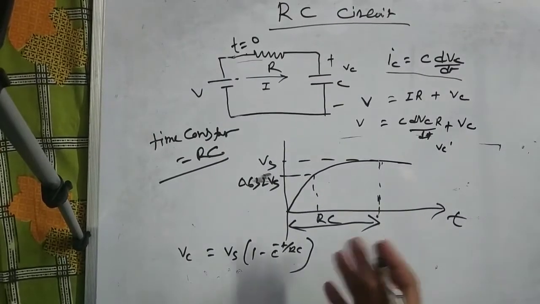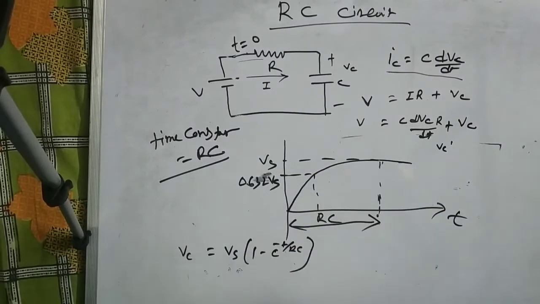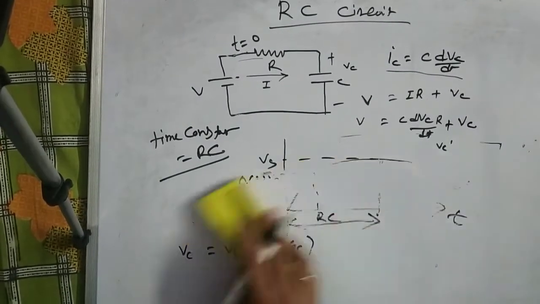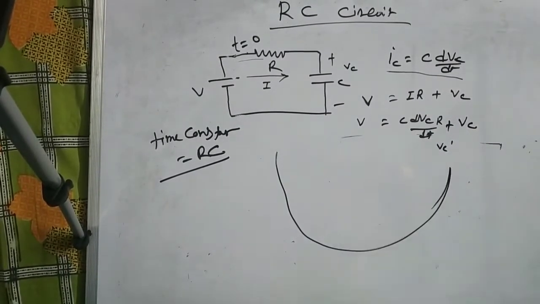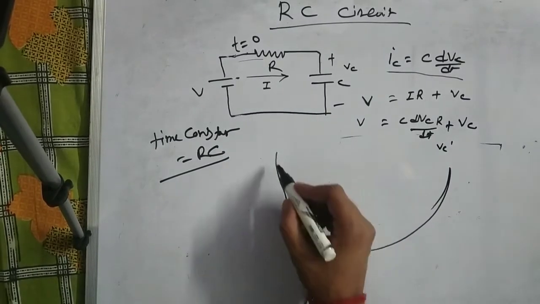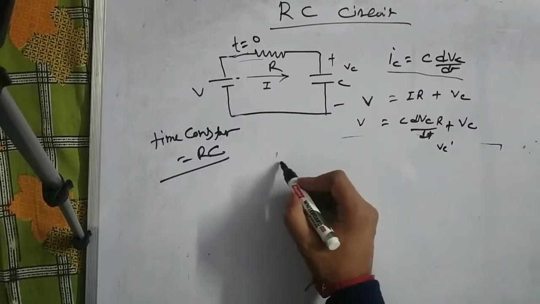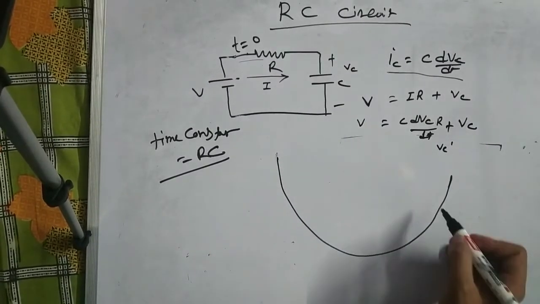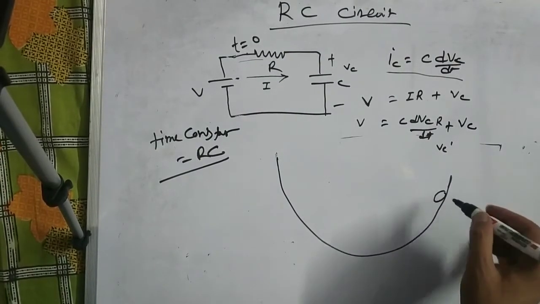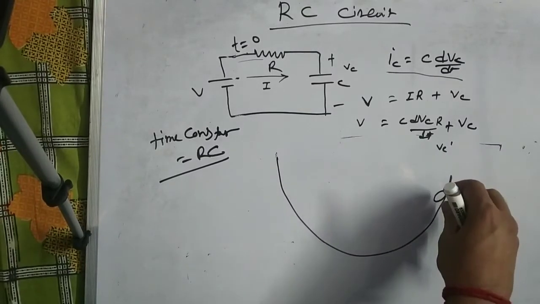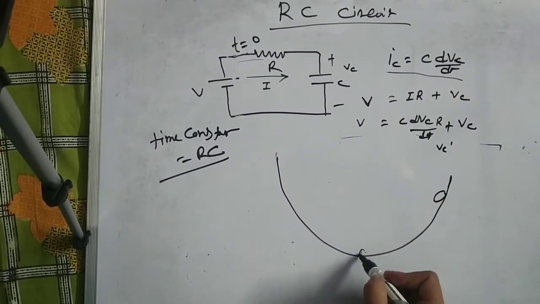Now to understand what transient is physically, suppose you have a bucket like this, and you have a ball and you are dropping it in this bucket. The ball will not reach this position instantly.